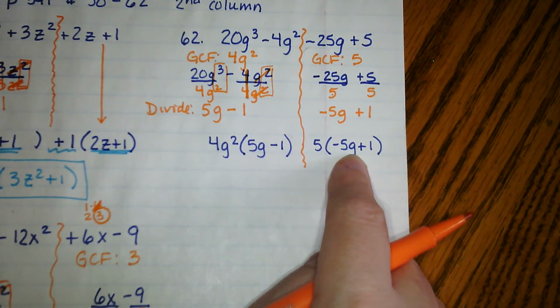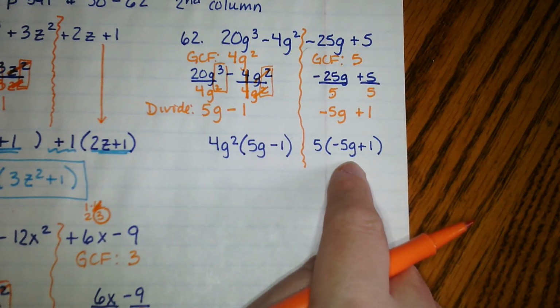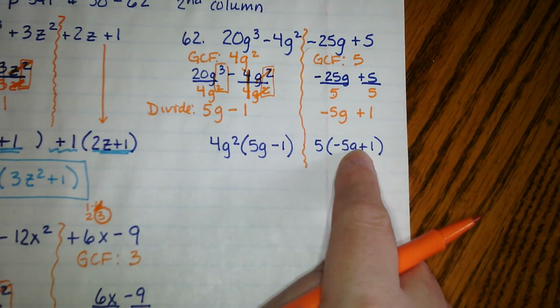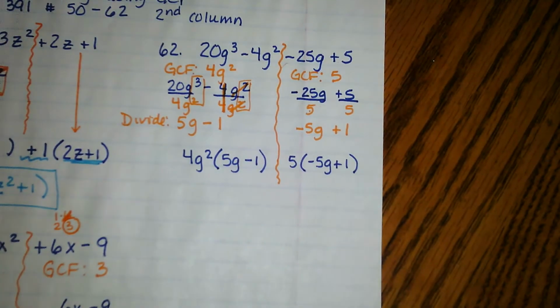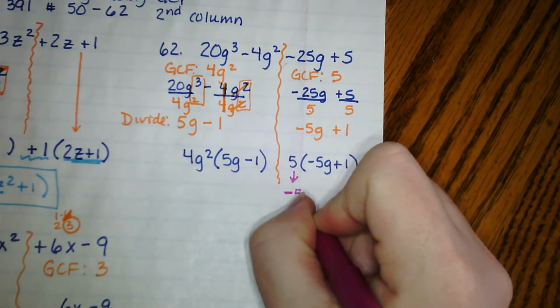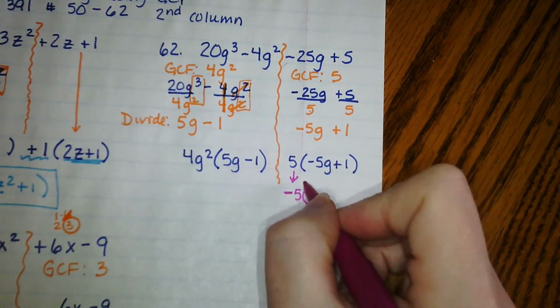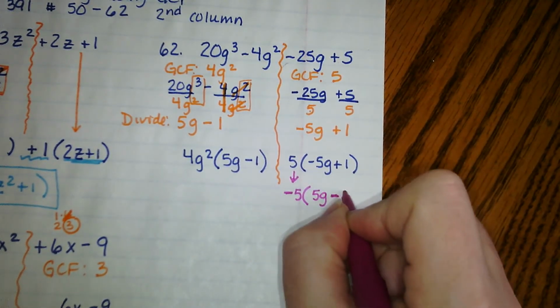It's very easy to modify. If you see that you've got signed opposites, what you're going to do is you're going to take this one and you're also going to turn this positive 5 to a negative 5. And what that will do is that'll make this a positive 5g and this a negative 1.